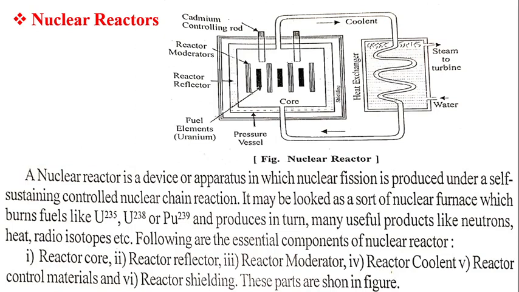It is a device which is used to have a controlled chain reaction in which nuclear fission takes place. An amount of energy is released, but that amount of energy is at our control rate so that energy is used for different purposes.